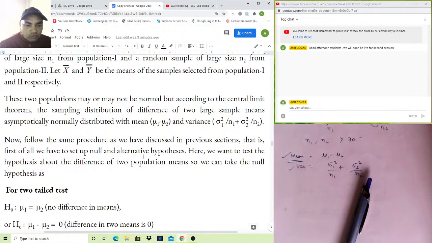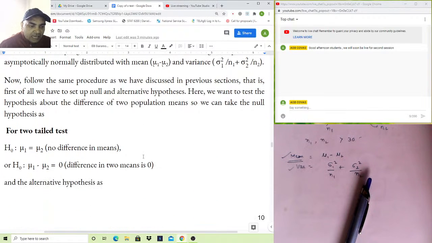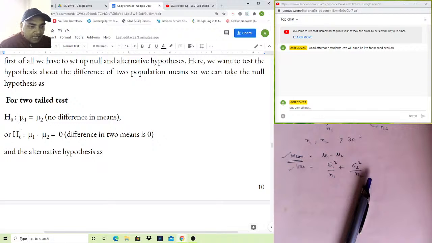First of all, we will set up a null hypothesis and then an alternative hypothesis. Here we want to test the hypothesis about the difference of the two population means. So we can take the null hypothesis as that the mean of population 1 is equal to the mean of population 2, that is, no difference in means, or mu1 minus mu2 is equal to 0.